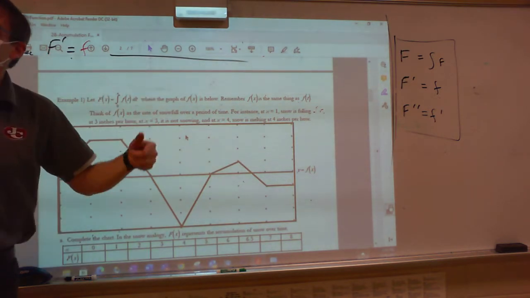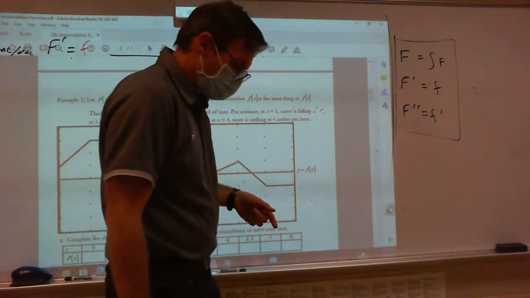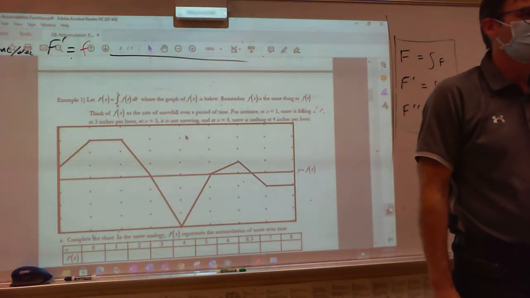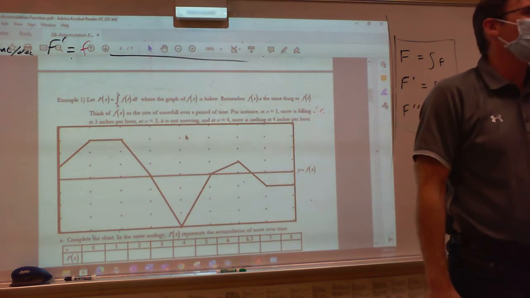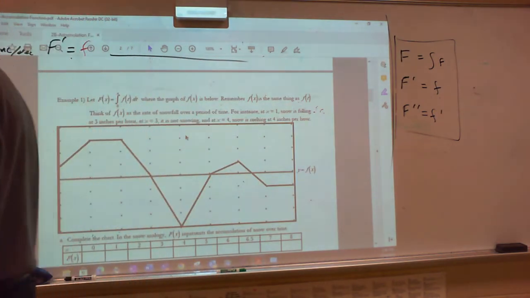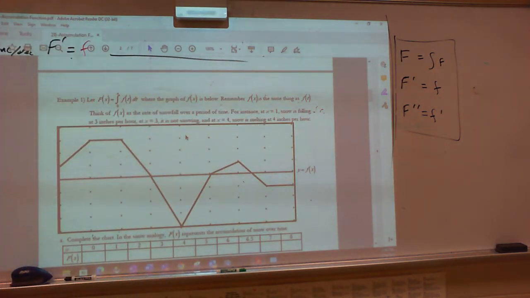When you're doing your first derivative test, what do you find first? If you're trying to find out where stuff's increasing and decreasing, what's the first thing you have to find? Where your derivative is 0, the critical points. Your critical points are where big F prime equals 0.